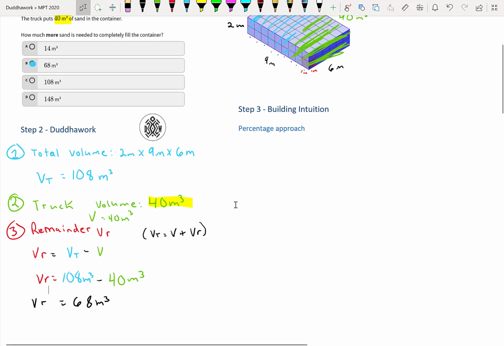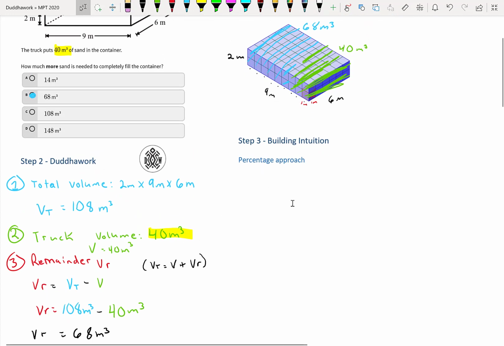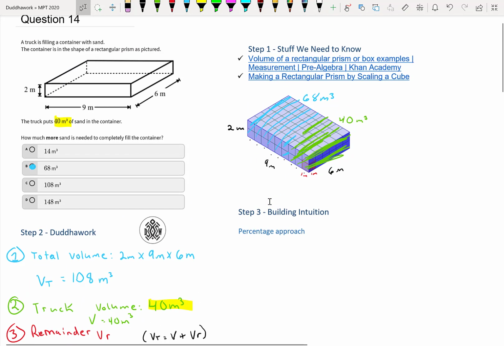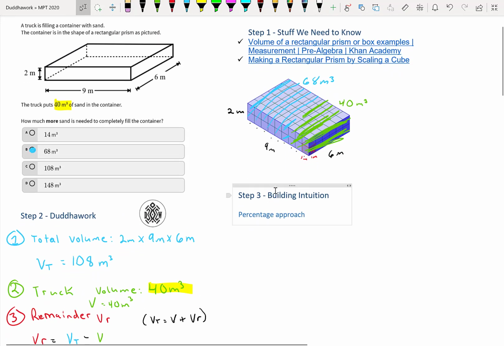And then we could use a percentage approach to build some intuition on this. What I mean by percentage approach is that we know that the total volume is 108, and the volume that we have right now is 40. So the percentage that we have is 40 divided by 108, which is about 37%.